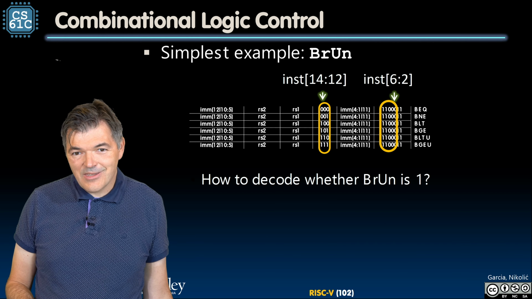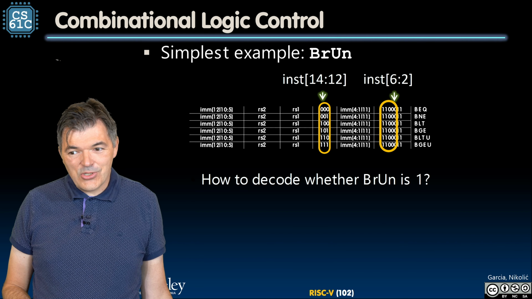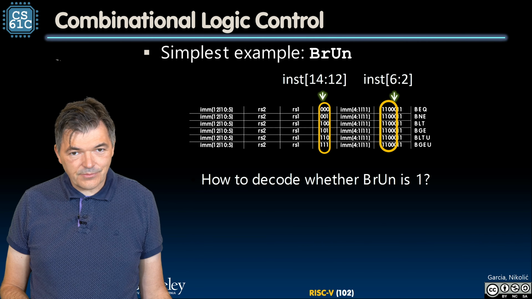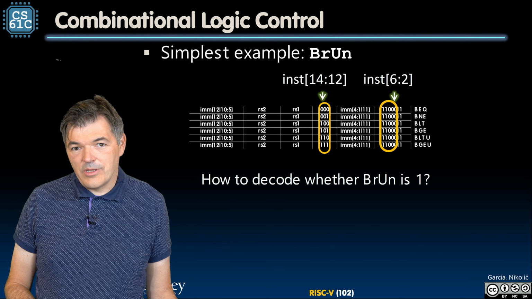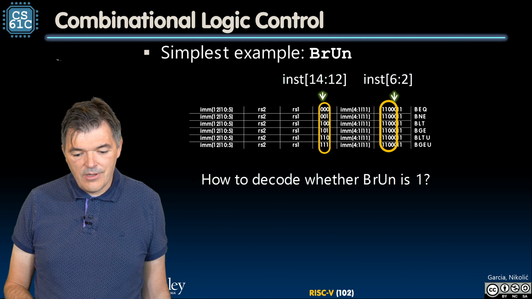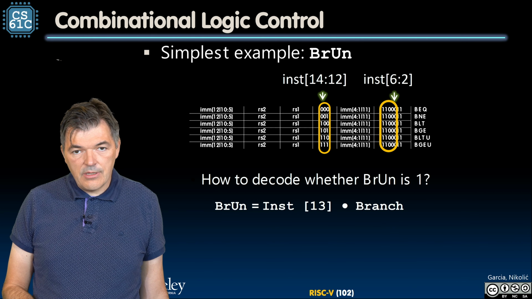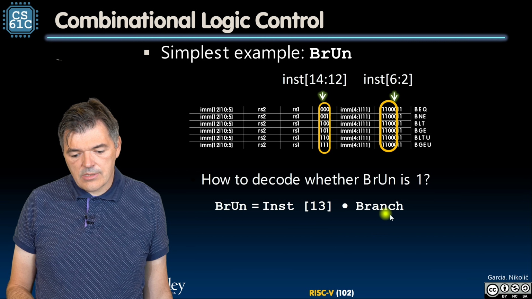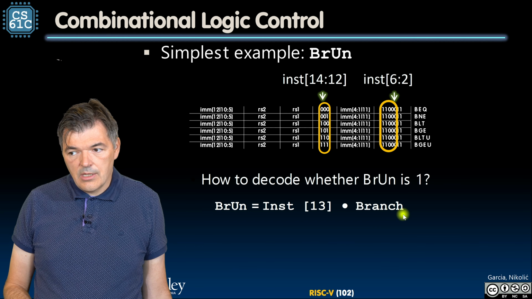So that sets the signedness of a branch. In order to decode this, we just need to look at that middle bit, instruction 13 bit, and it tells us whether the branch is signed or not. So that control signal is essentially equal to instruction 13 and the branch, because this bit will be true for other types of instructions.